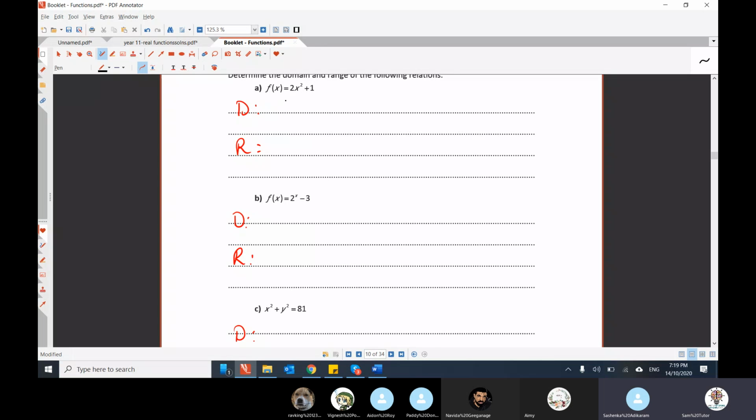For A, I got domain is all real x, and range is y is greater than or equal to 1. You are correct. It's essentially a parabola that's been shifted up 1. So y is greater than or equal to 1. Perfect.